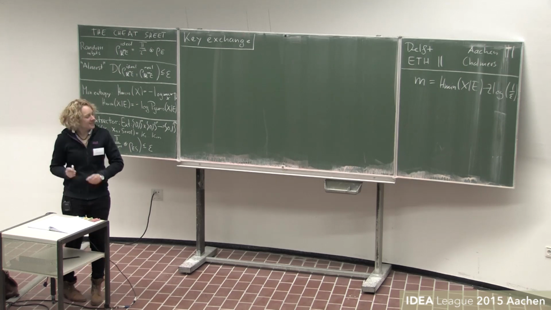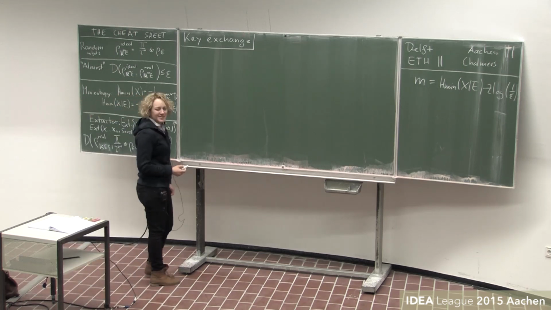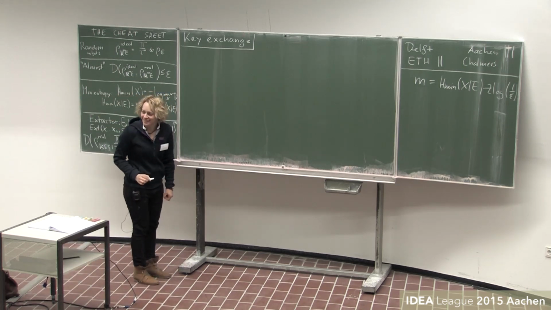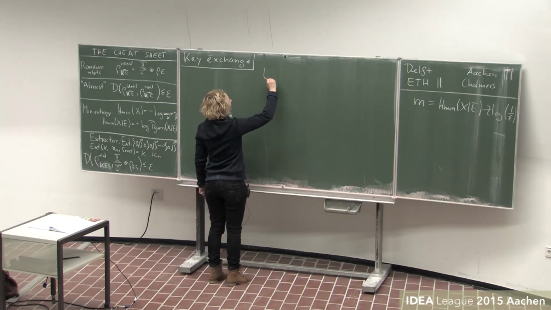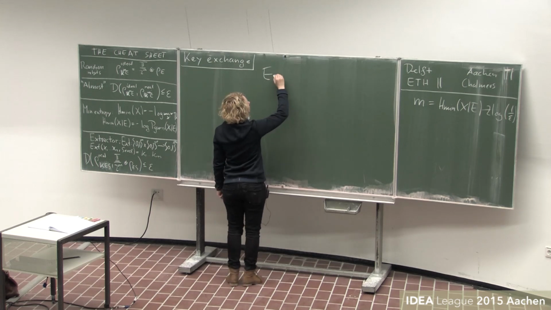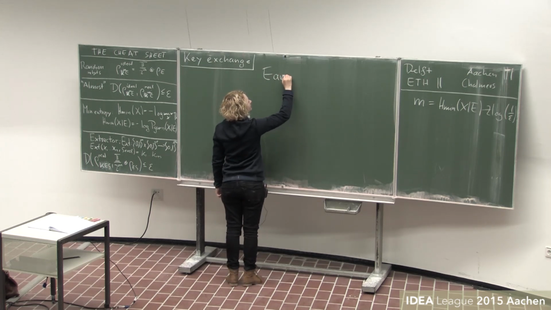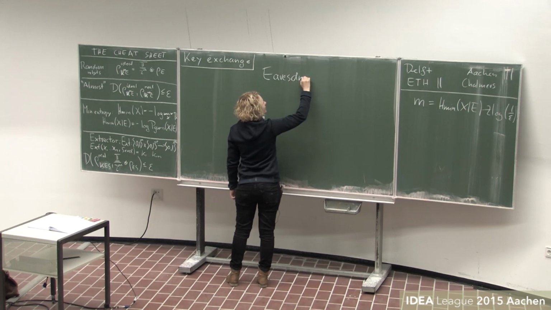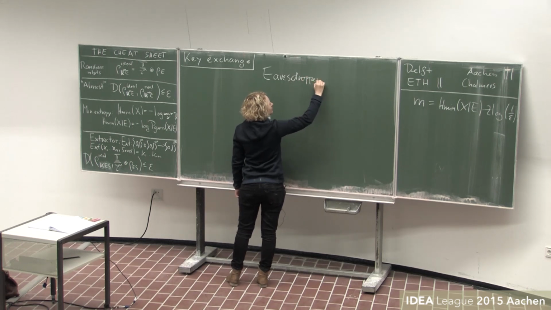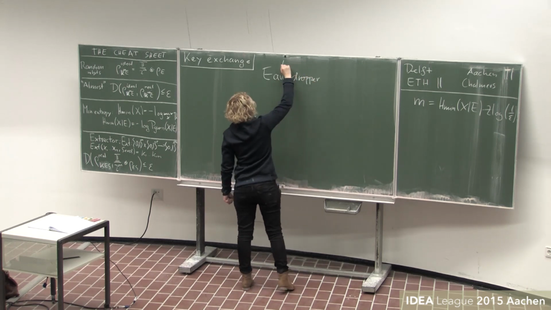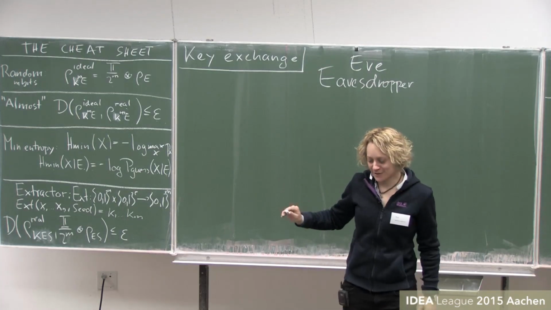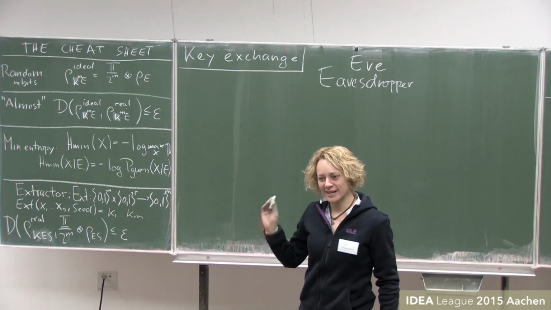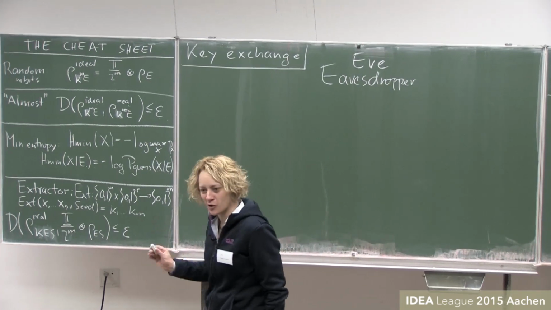So what I want to do today is to make the situation slightly more complicated. I want to introduce you to the world of cryptographers, where there are eavesdroppers. So today we'll think about an eavesdropper, and this eavesdropper is called Eve. The whole objective of this eavesdropper until the end of the lecture will be to listen in to our communication.